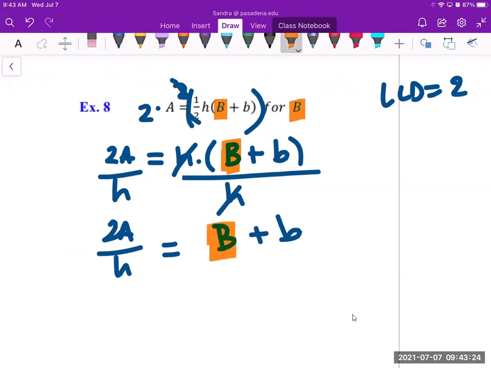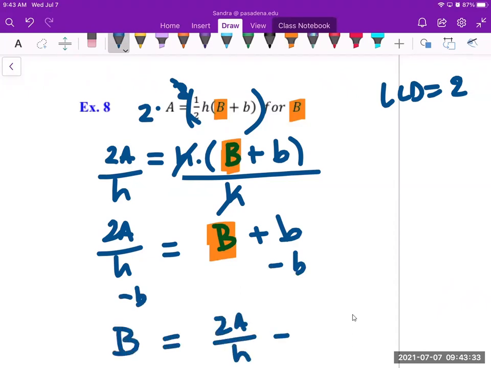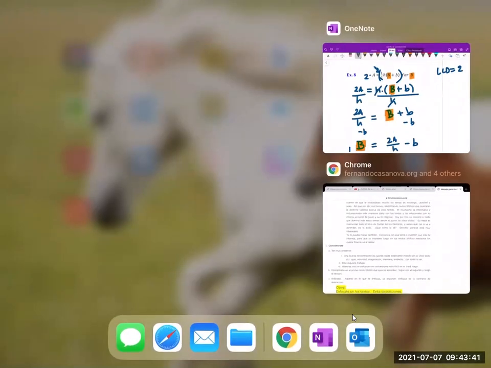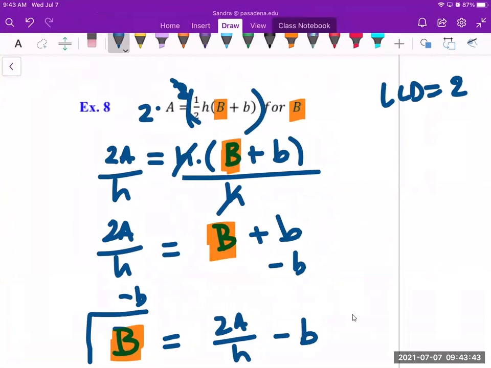And then subtract little b. So then big B is equal to 2a over h minus little b. And then this will be your final answer. Sorry about that, I meant to do that. So then that will be it in this particular case.